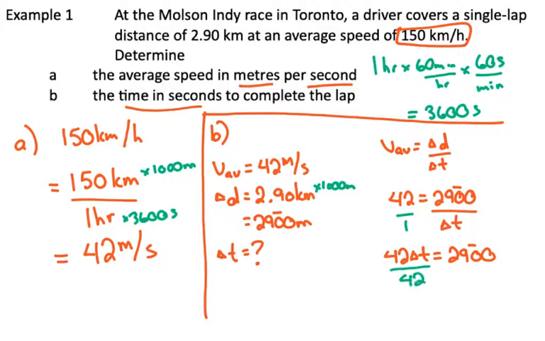Divide both sides by 42. And looking at the sig figs, our average speed, 42 meters per second, had 2 sig figs. Our displacement, our distance, had 3 sig figs. We always go to the smallest number of sig figs when we're doing a final answer. So 2 is the smallest. So 2 sig figs would give us a time of 69 seconds.